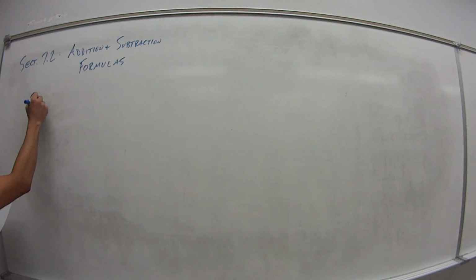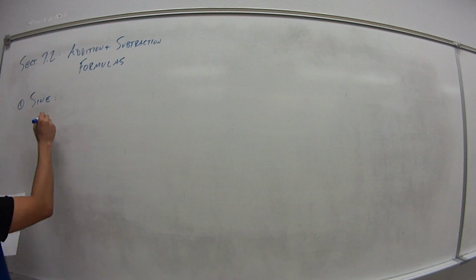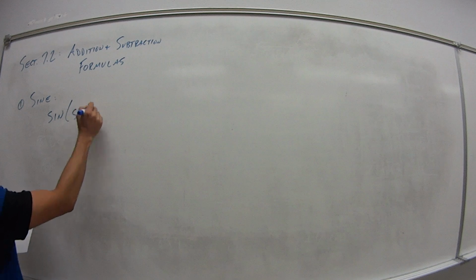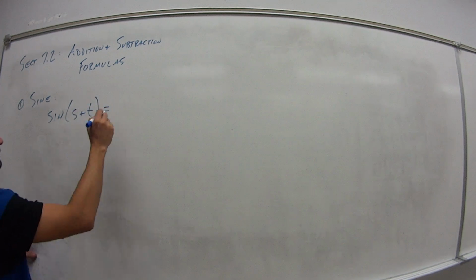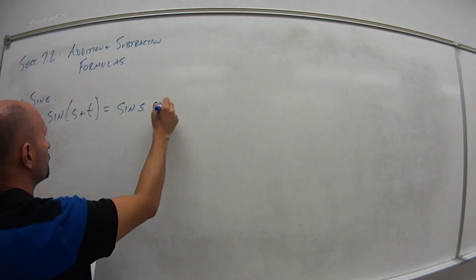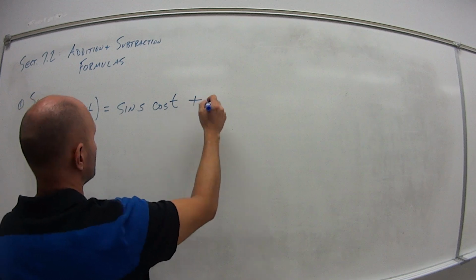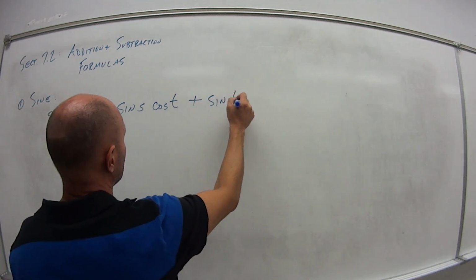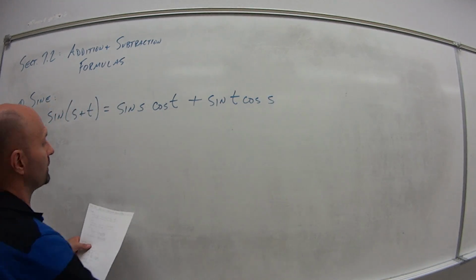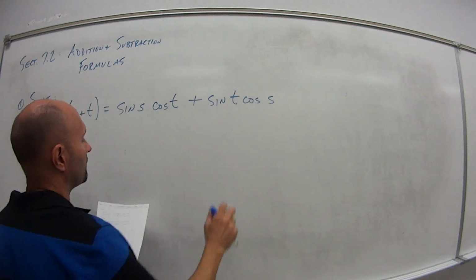So first, for sine, we have the following. Sine of s plus t is equal to sine of s cosine of t plus sine of t cosine of s.